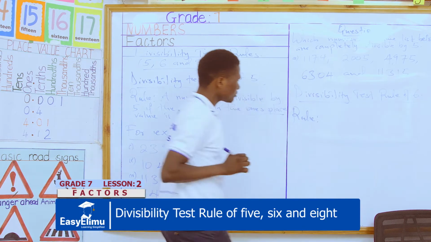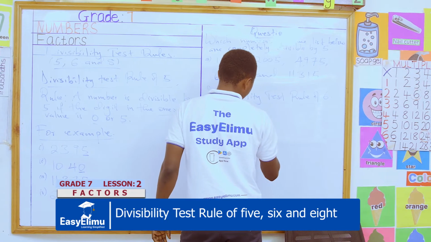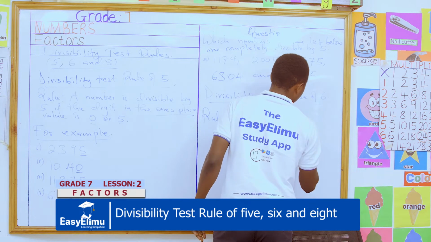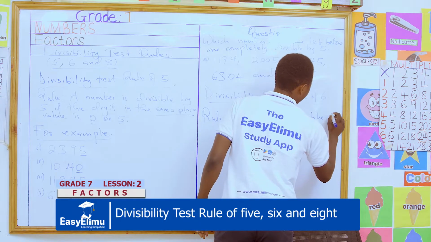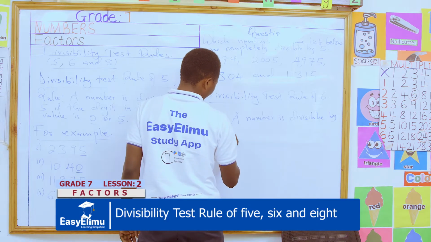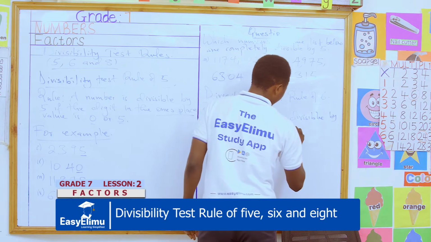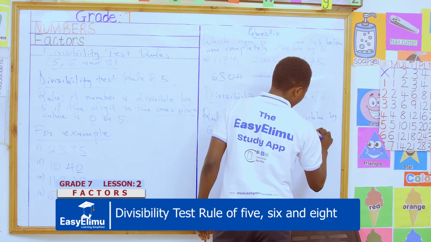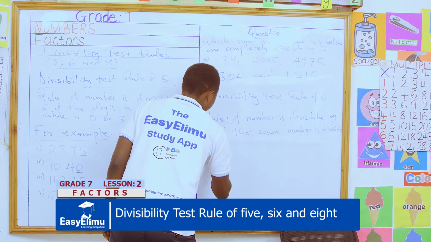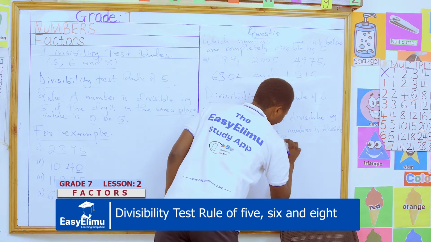The rule. So we can say a number is divisible by 6 if that same number is divisible by both 2 and 3.